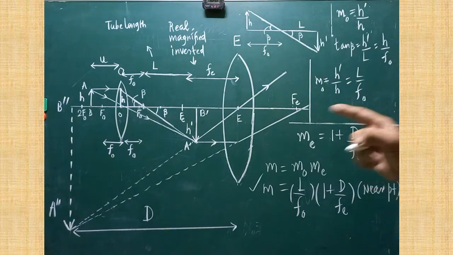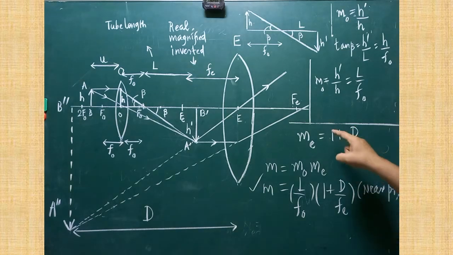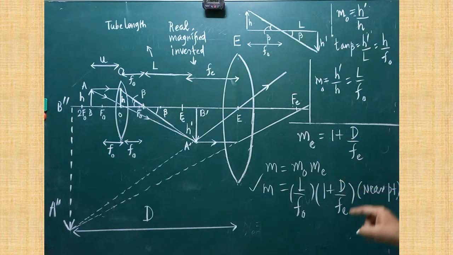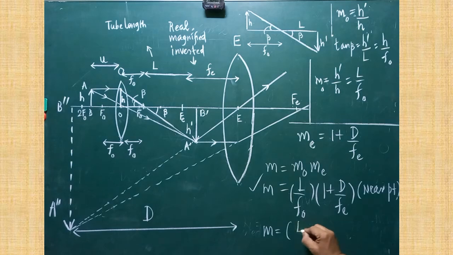If the image is caught very far from the eye, by that time we have to go for normal focusing. By that time this factor cannot be written, D by FE alone can be written. Therefore, M is equal to L by FO into, in the case of normal focusing, what is the magnification in the case of simple microscope?